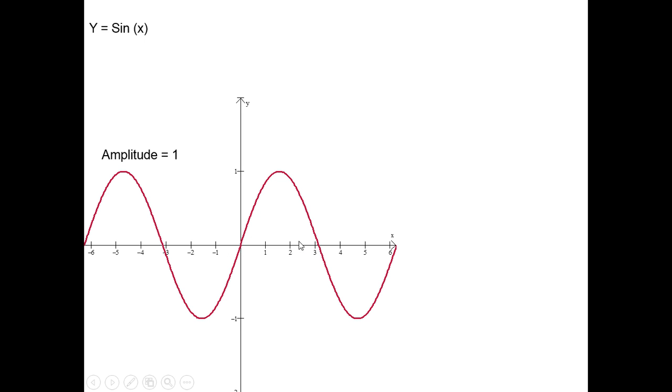As you can see now, the x-axes are marked off in whole number units, but you've got to imagine that these are actually values of pi. So we know that the sine is equal to 0 at pi. So here's our value of pi, right to the right of 3.14.